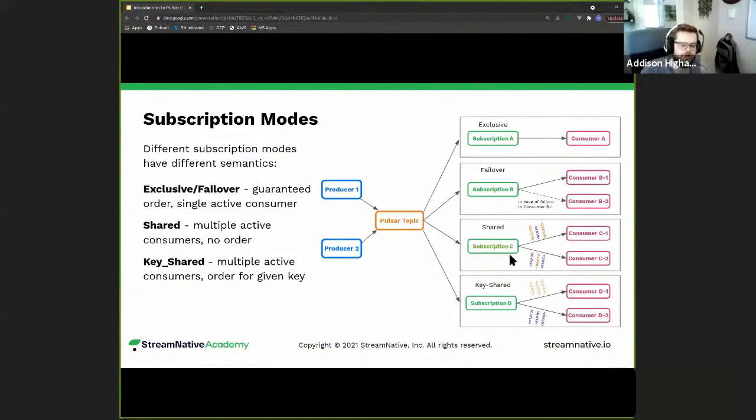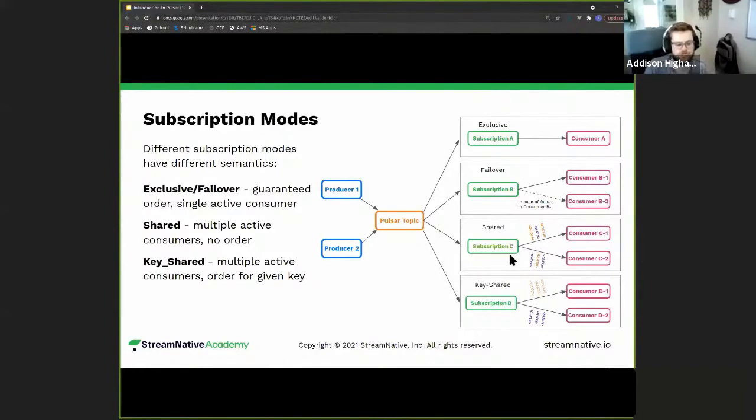But Pulsar goes beyond just those streaming use cases with a shared subscription, which is really ideal for work queues. You lose out on the guarantees around order. Messages will come in not strictly ordered, but you gain the ability to have multiple active consumers, so you can use that very much like a work queue. And finally, there's key shared, which is a very unique capability that is very useful in certain streaming situations, where now you can have multiple active consumers and have order for a given key.